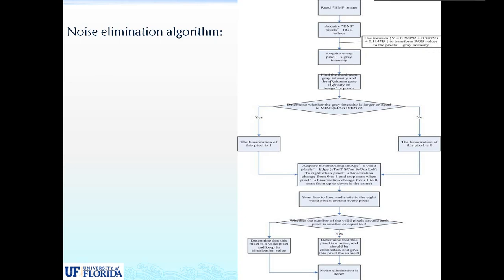And then we find the maximum value and the medium gray intensity value from these gray intensity values. Next, we determine whether the gray intensity is larger than or equal to the minimum gray intensity value plus the maximum plus medium, divided by 2.